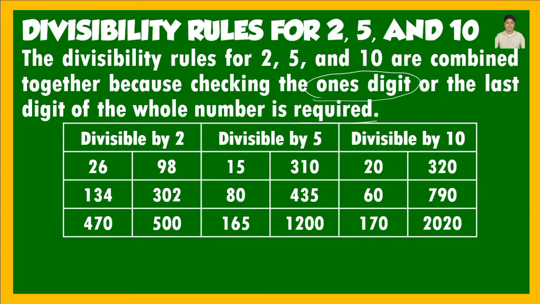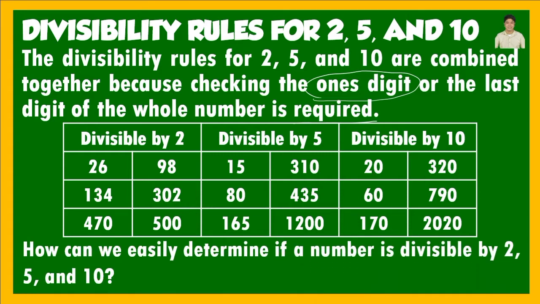Now, the question is, how can we easily determine if a number is divisible by 2, 5, and 10? As we said, we don't need to perform actual division to determine if that number is divisible by a particular number. So let us discuss those rules one by one.